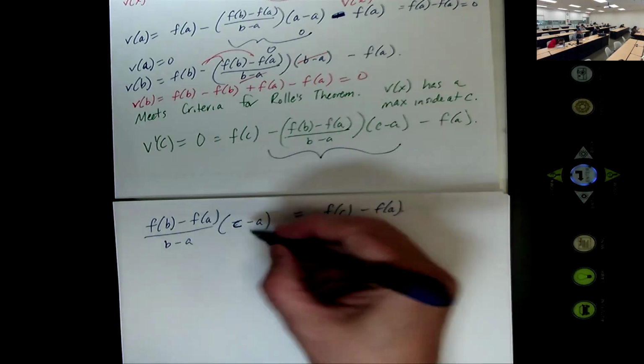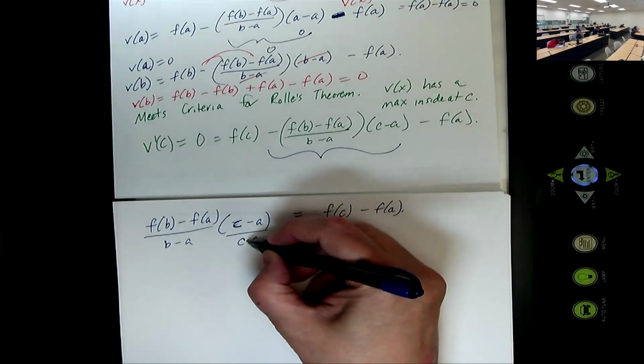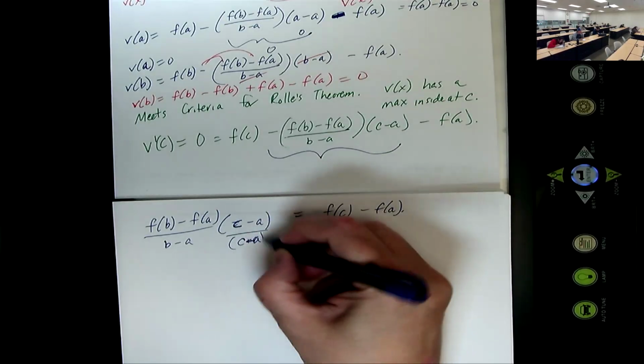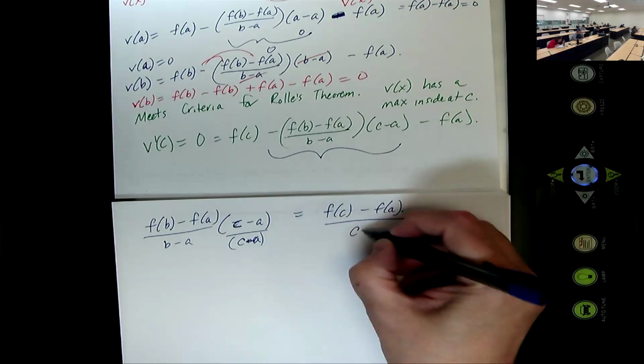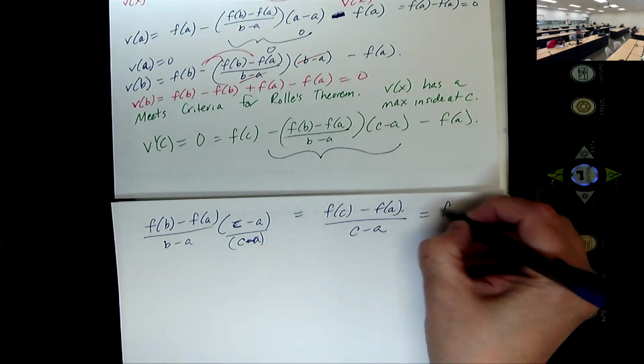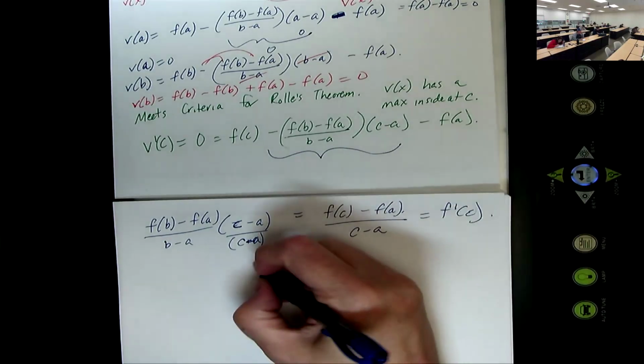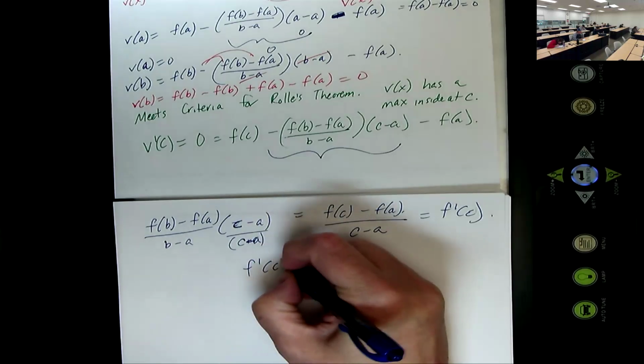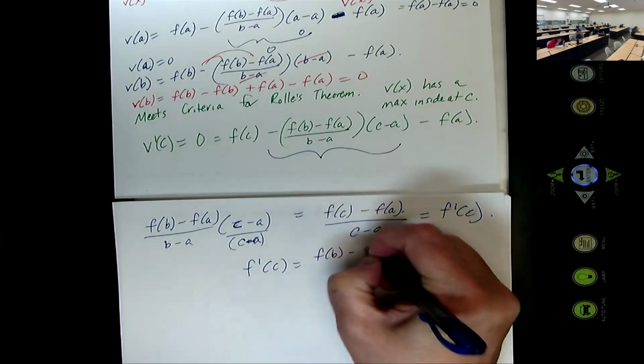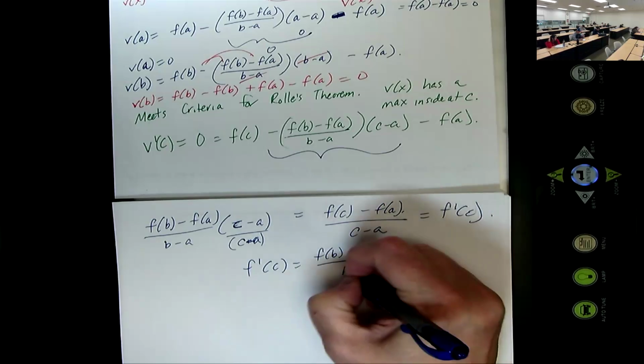And if we divide by c minus a, we get f prime of c over here. So f prime of c equals f of b minus f of a over b minus a.